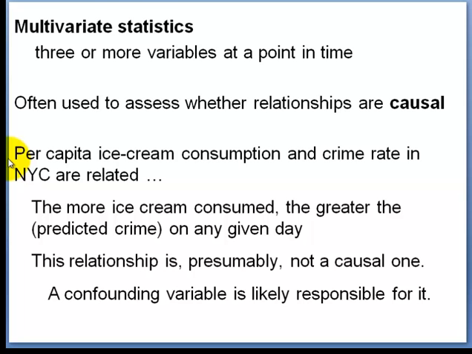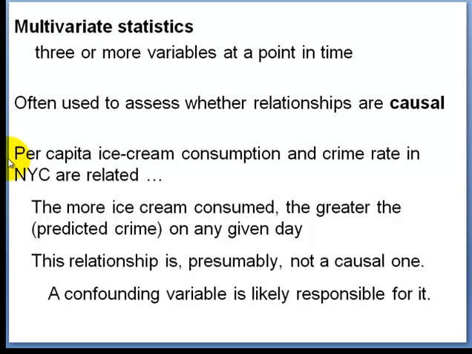Ice cream consumption per person and the crime rate in New York are positively related, which is to say that the more ice cream that is consumed on any given day, the greater is the predicted crime on that day. So as ice cream consumption goes up, so does crime. Is this relationship a causal one?